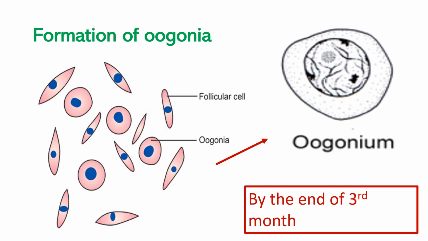Once it enters into the gonadal ridges, it multiplies into several oogonia. Here in this picture you can see many oogonia. These oogonia increase in cell size, which is seen by the end of the third month.